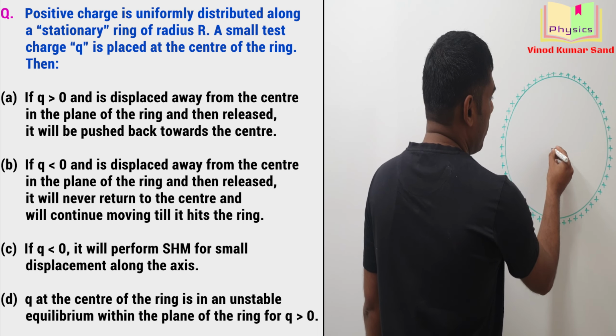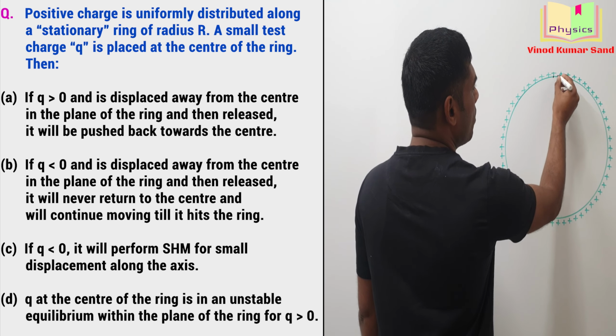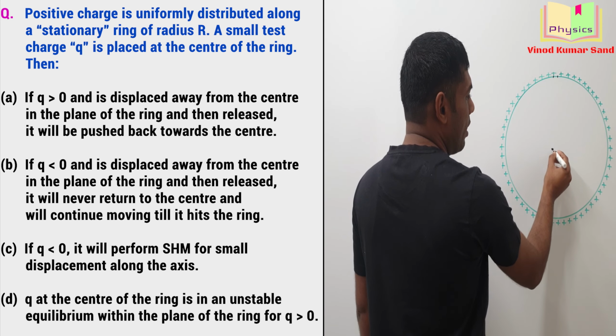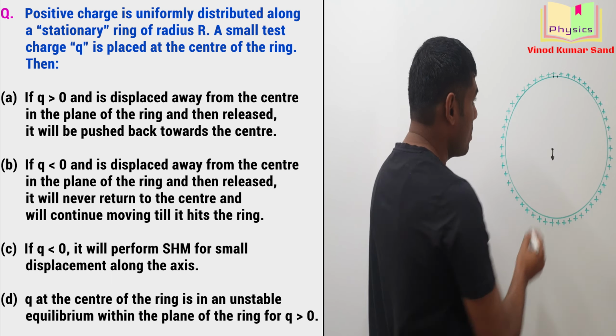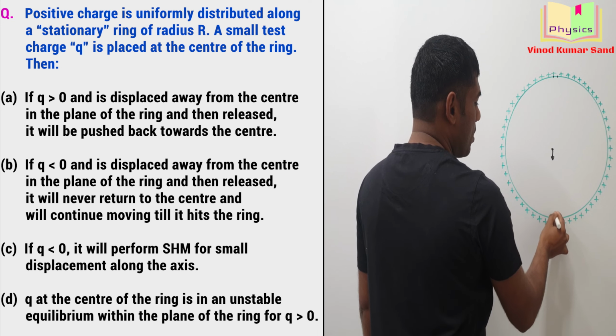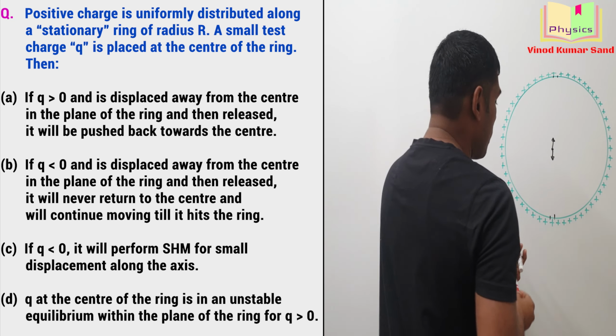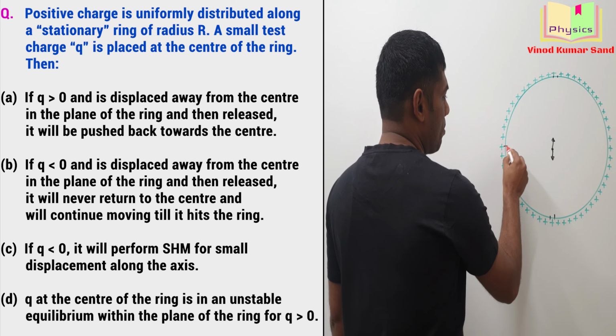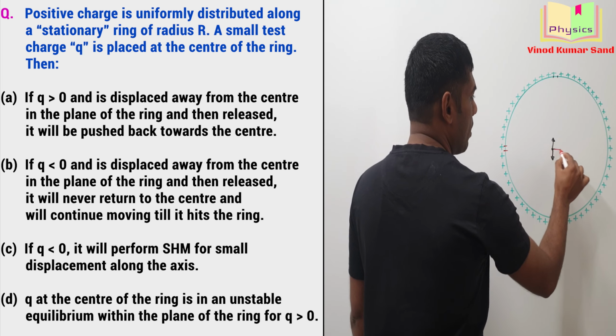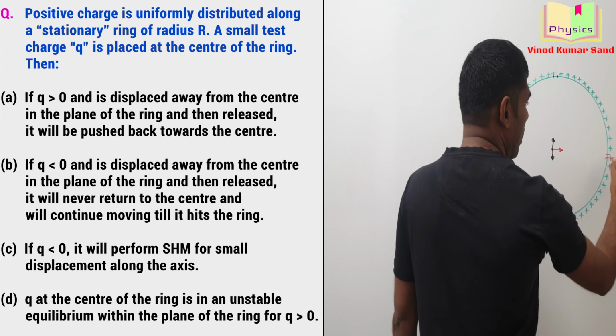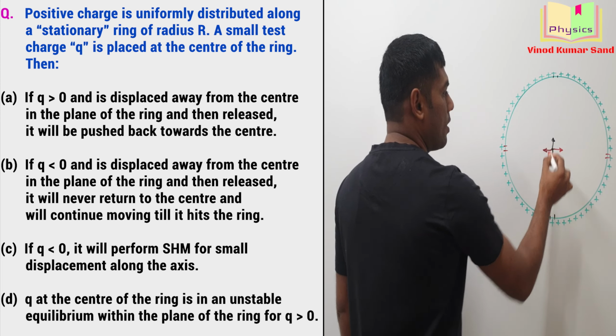So at the center, if we check carefully, due to these charges, the field will be radially like this. Now we take diametrically opposite charges, then due to them the field will be like this. If we consider few point charges here, due to them the field will be in this direction. Diametrically opposite charges, the field will be in this direction.